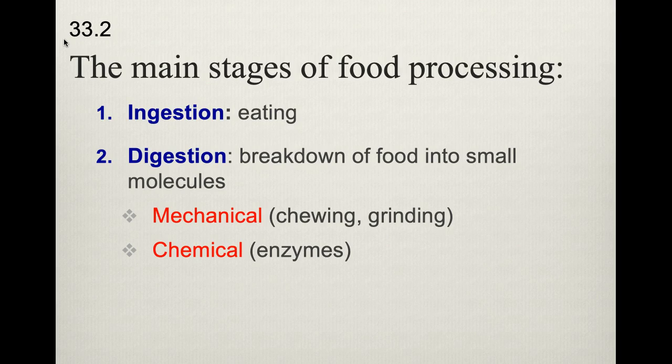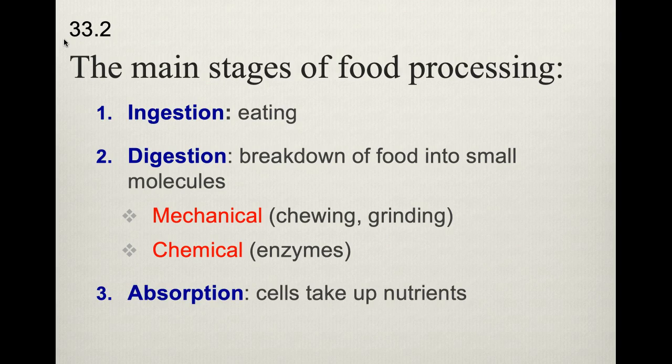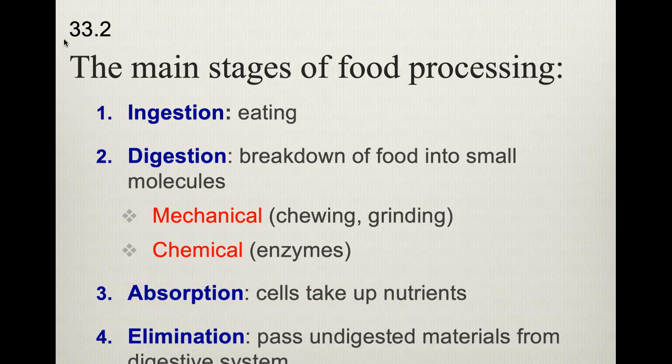And then the taking in, which is absorption, taking up nutrients. Our cells or our bodies taking up those nutrients. And then things that we don't need are eliminated or passed in an undigested form from our digestive system.